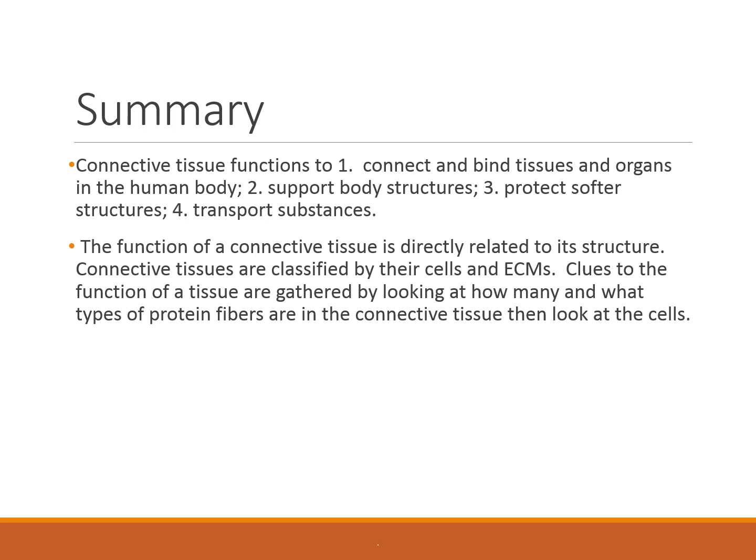If you see lots of elastic fibers, then you know that that tissue belongs in an area of the body where there's either lots of vibration or lots of stretching and recoil. If you see reticular fibers, then you know that that tissue probably belongs to either a lymph node or the spleen, or you're looking at the inside of an organ where the reticular fibers are forming a network, an internal skeleton, if you will. So, this wraps up connective tissues.